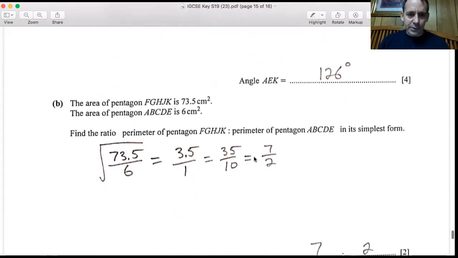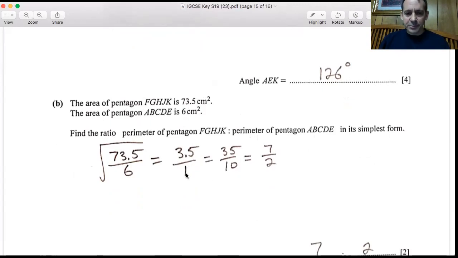Now here we have a ratio thing. The area of the bigger pentagon is 73.5. The area of the smaller pentagon is just 6. And we want to find the ratio of the perimeters. Now we're going from area, which is 2-dimensional, down to perimeter, which is 1-dimensional. So we need to square root our ratio of the areas, and that reduces down to 3.5 to 1.